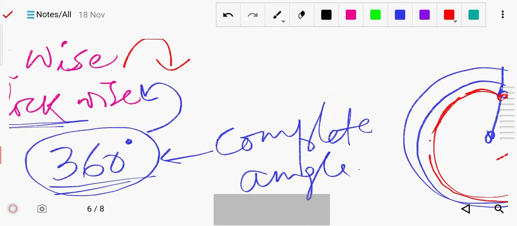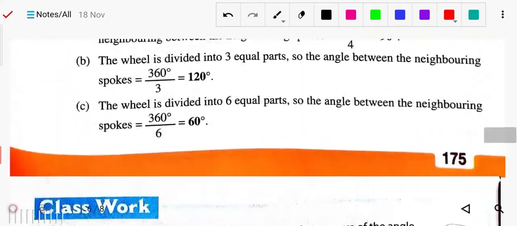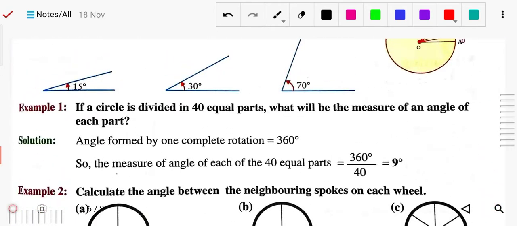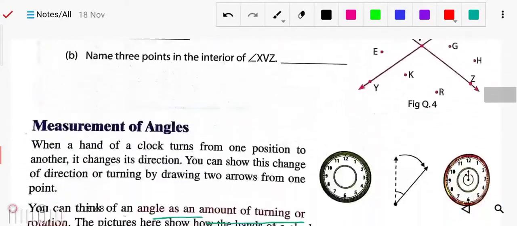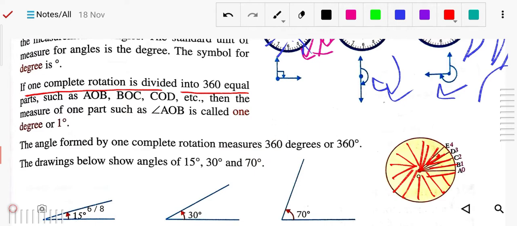Now you can see here that one complete rotation is divided into how many parts? 360 equal parts. If you divide it, it will be 360 parts in total.